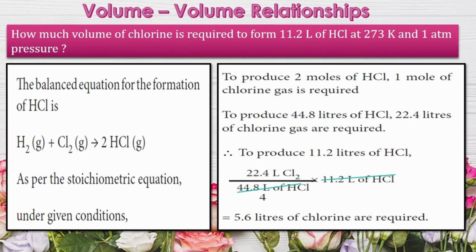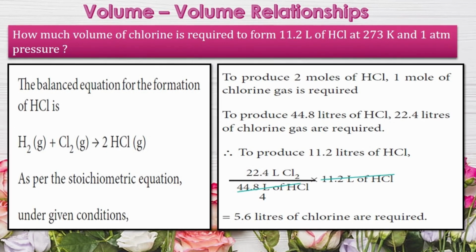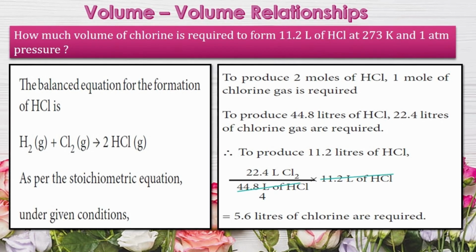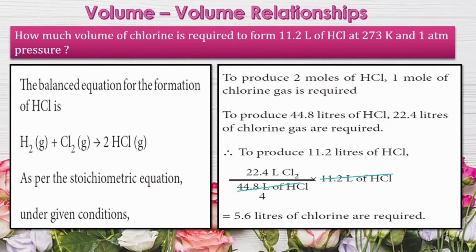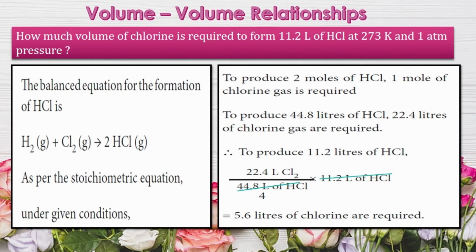So here the balanced chemical equation will be 1 mole of hydrogen gas combines with 1 mole of chlorine gas to produce 2 moles of hydrogen chloride gas. So according to the stoichiometric relationship, 1 mole of chlorine gas will produce 2 moles of hydrogen chloride gas.